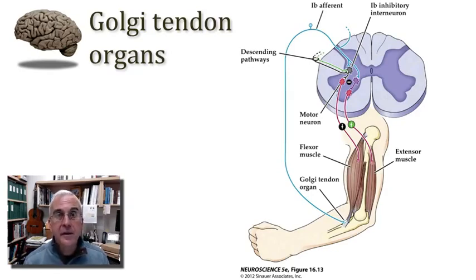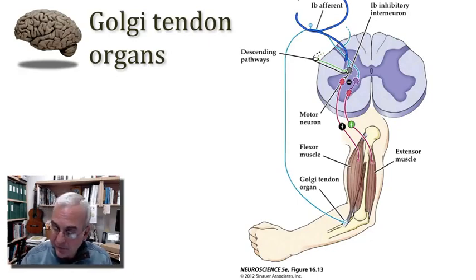So this is kind of a negative feedback system. Now, the physiological effect of activating this Golgi tendon organ is that the output to the muscle that's generating force is going to be diminished. And this implies that there must be some kind of an inhibitory interneuron interposed between the sensory signal and the alpha motor neuron. And indeed there is.